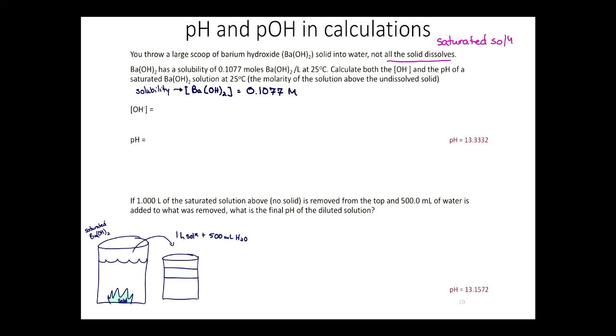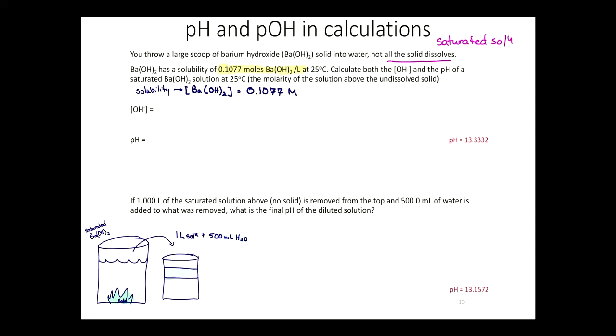So let's calculate the concentration of hydroxide in the solution. So we're not counting the concentration of the solid at the bottom. We just want what's the concentration of the hydroxide that's actually dissolved in the solution. And so since I tell you that the max solubility of barium hydroxide is this, it means that you have a concentration of 0.177 molarity in a saturated barium hydroxide solution.